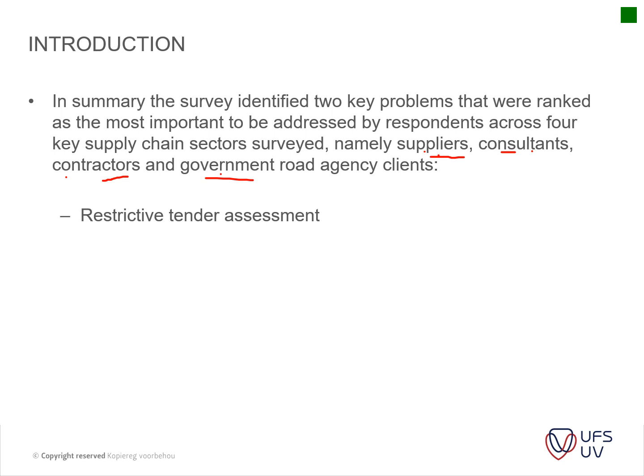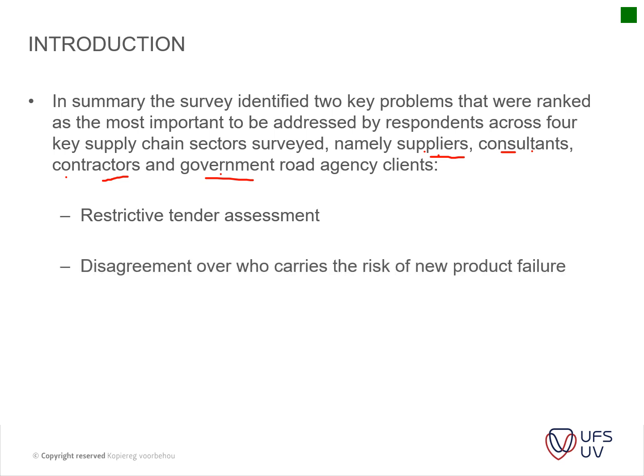The results were a restrictive tender assessment and disagreement over who carries the risk. These 2 items were identified as contributing the most, or key problem areas, in innovation in road construction in Australia.